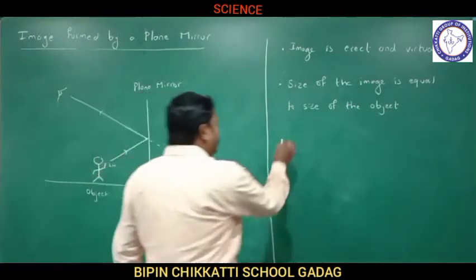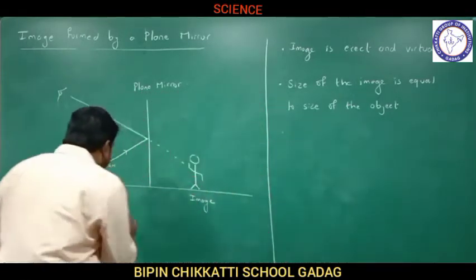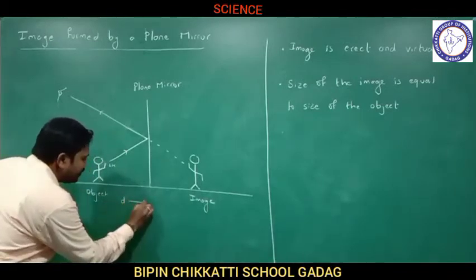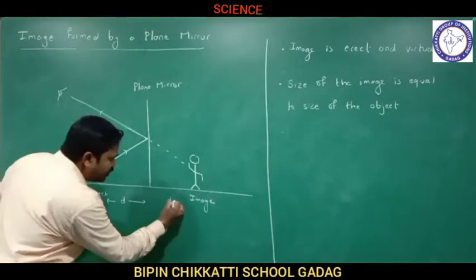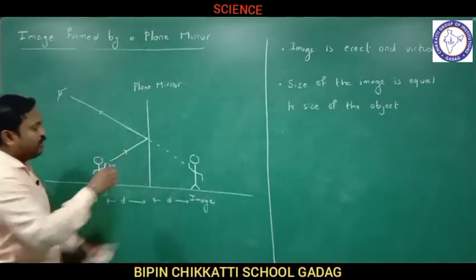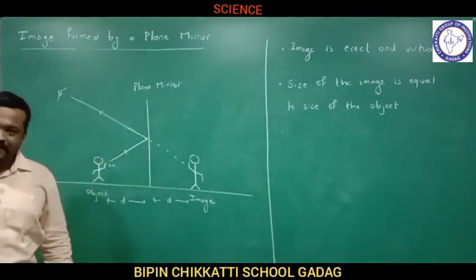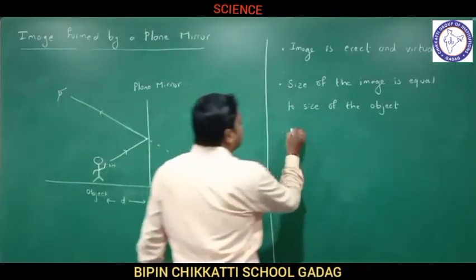Another thing we need to understand here is the distance. The distance of the object from the mirror is equal to the distance of the image from the mirror, right? So another characteristic is about the distance.